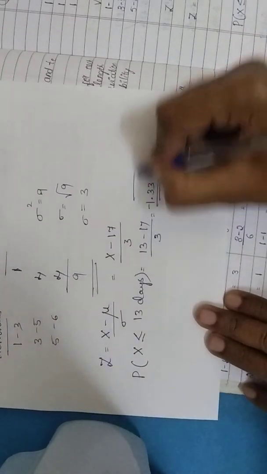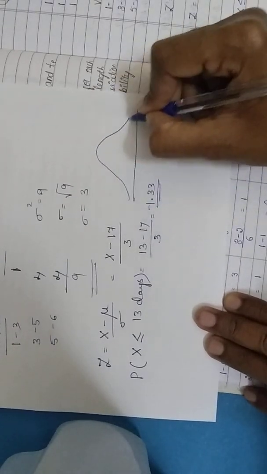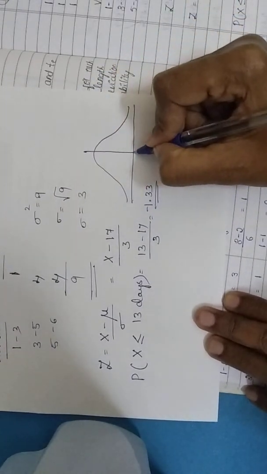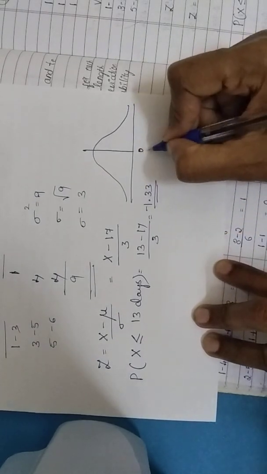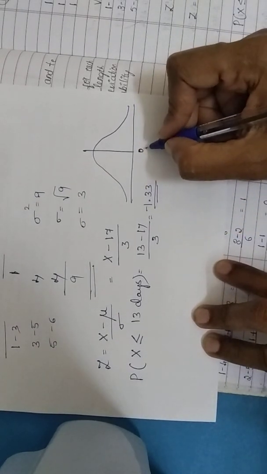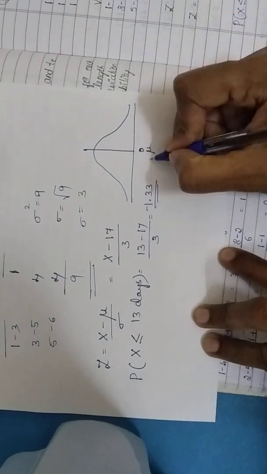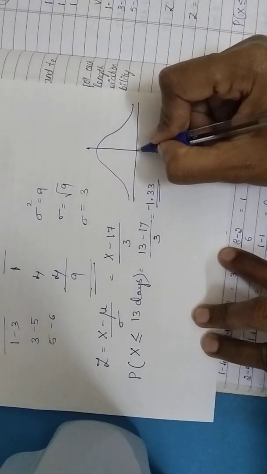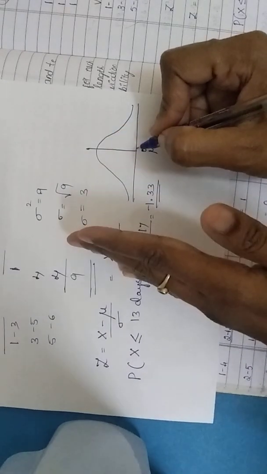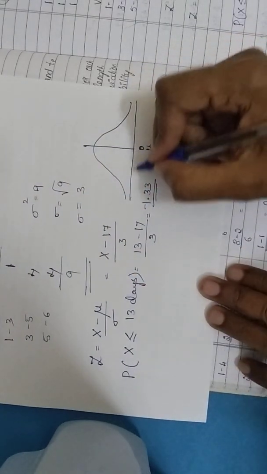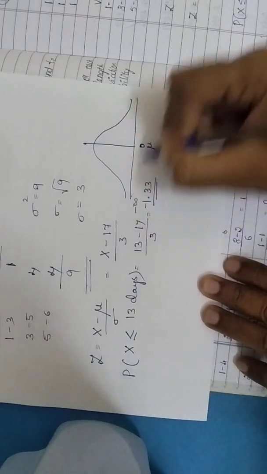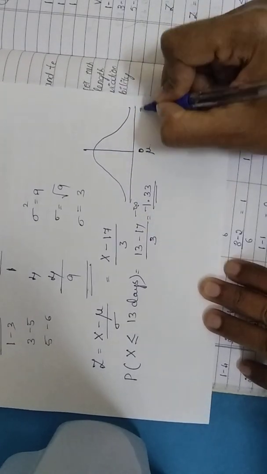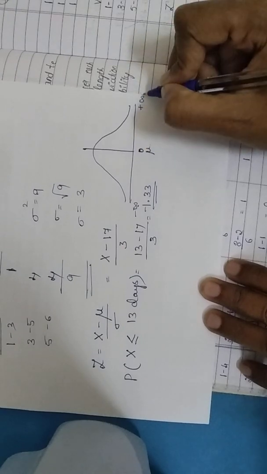Correct? So what we have to do is draw a standard normal curve like this. This is indicating 0. To the left side of the standard normal variate we have the negative values, and from 0 to the right it is positive.